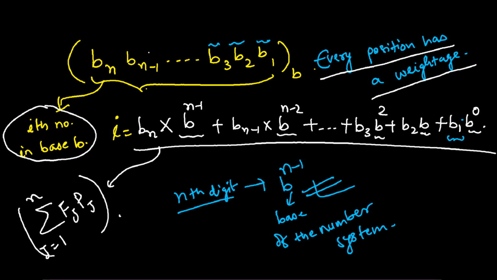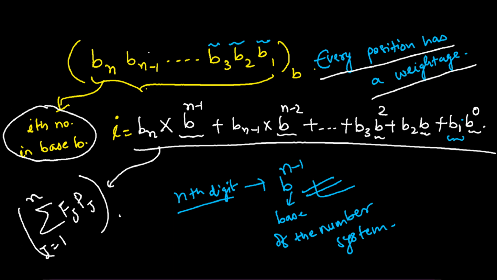So you are counting in terms of what? If you say that this is the 50th number in this number system, then what is this 50? This is in terms of your decimal number system. If the value of I is, let's say, 100, it means that this is the 100th number in this number system.